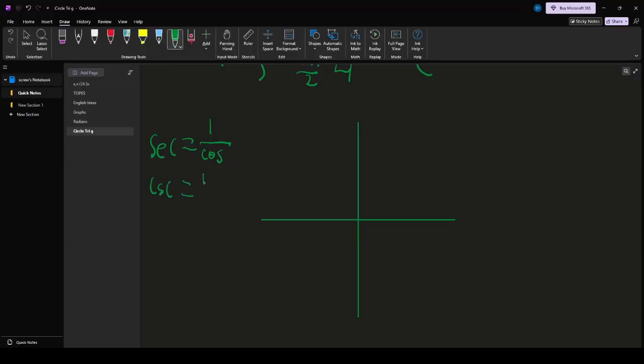Cosecant is basically the reciprocal of sine. And then cotangent is essentially the reciprocal of tan theta, but it could also be cos theta over sine theta, because tangent is equal to sine theta over cos theta.